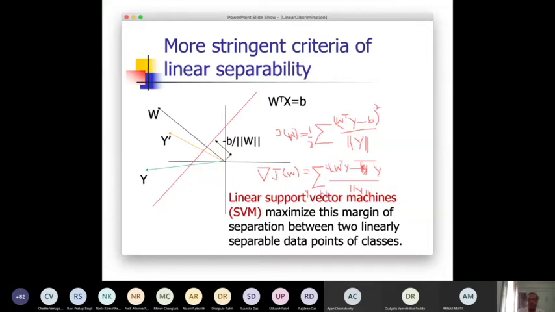You have to consider only those samples which are misclassified, which means those Y for which W transpose Y is less than B. Is it clear now? Okay. So this is actually the error definition itself. Y is such that W transpose Y is less than B, all misclassified Y with respect to this definition.